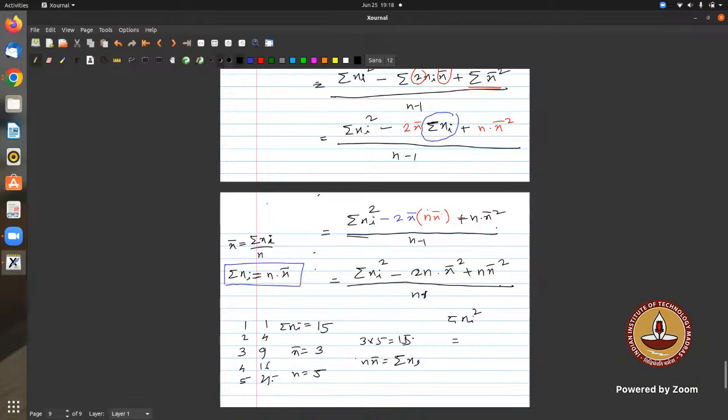If you add all of them, it becomes 55. 55 is not equal to n into x bar square, which is 5 into 9, which is 45. Correct? So I cannot write summation of xi square as n into x bar square, right? Is this fine? Yes, sir.